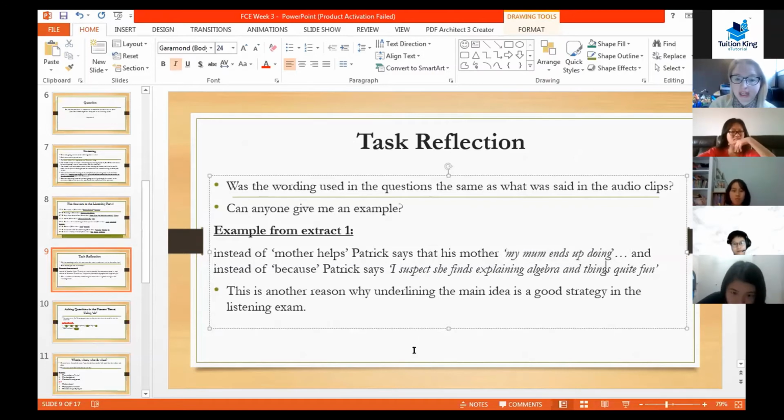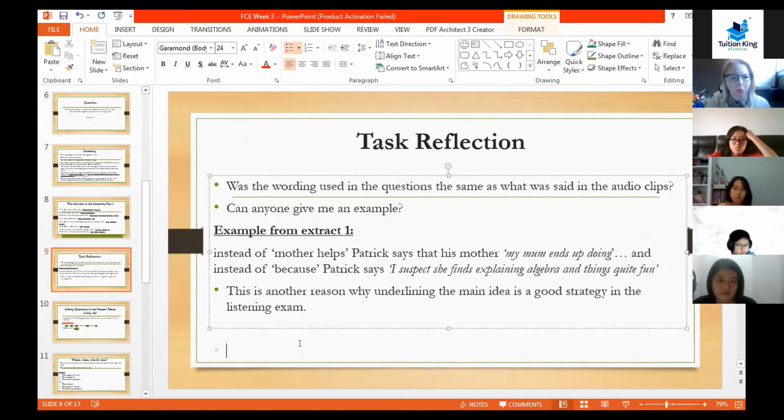And it is why at the end of this lesson, I am going to ask you in your own time to read through the audio script so you can locate the answer, and they'll already be underlined for you. I just want you to look at the differences between the wording of the questions and the answer. But again, I'll remind you at the end. Okay, so I asked you earlier, why do you think it might be important to underline the main ideas?